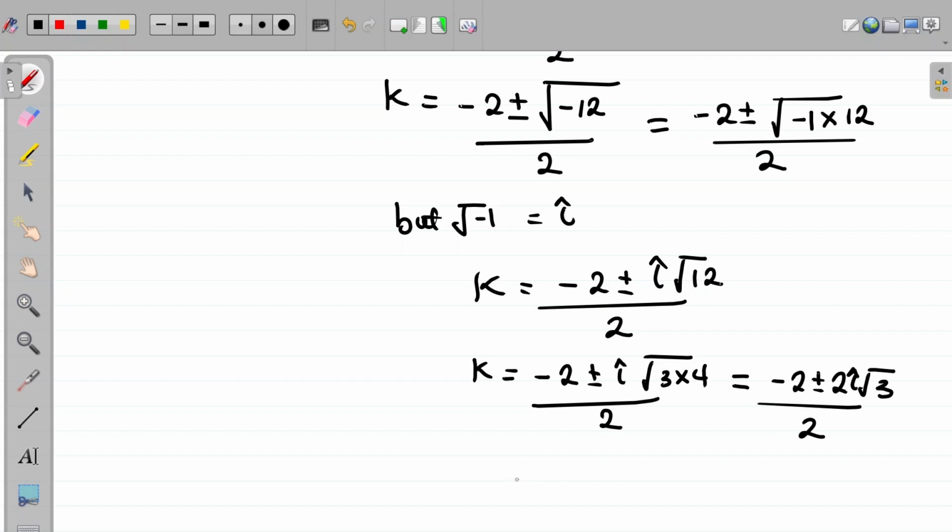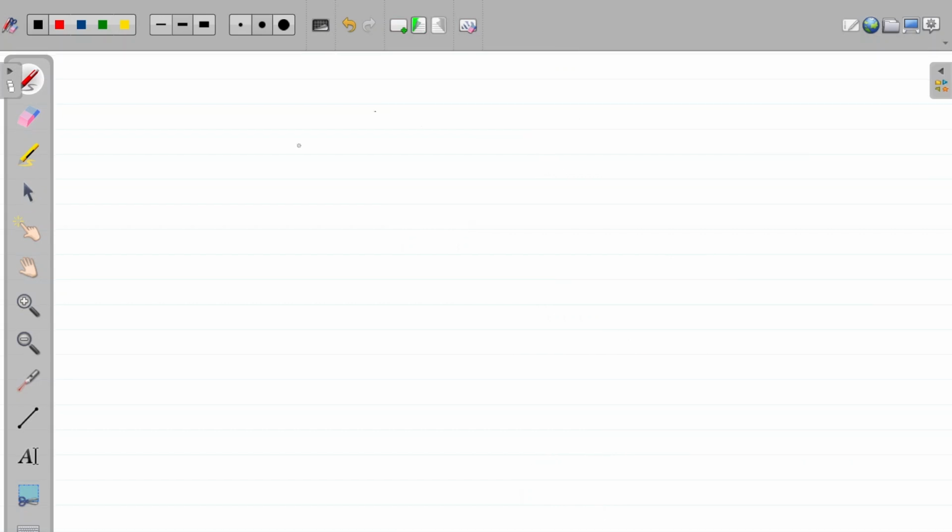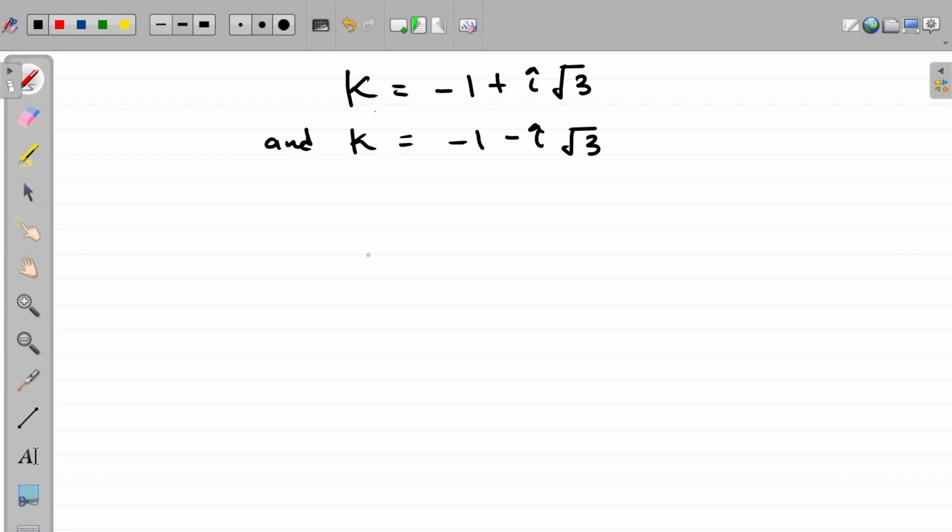If we factor out 2, the equation becomes 2 open bracket negative 1 plus or minus i root of 3, all divided by 2. So 2 cancels out 2. So therefore our k can be expressed as minus 1 plus i root of 3 and k equal to minus 1 minus i root of 3.